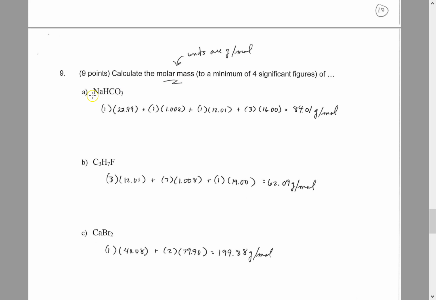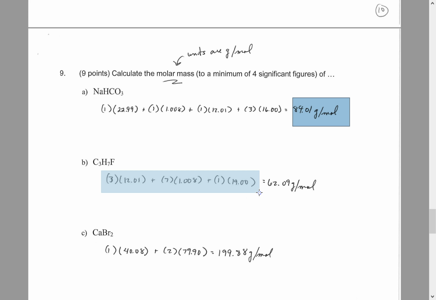So for A, it said you had 1 sodium, 1 hydrogen, 1 carbon, and 3 oxygens. So you can use a periodic table and add that up, and rounding to 2 decimals, I get 84.01 grams per mole. For C3H7F, we have 3 carbons, 7 hydrogens, and 1 fluorine.